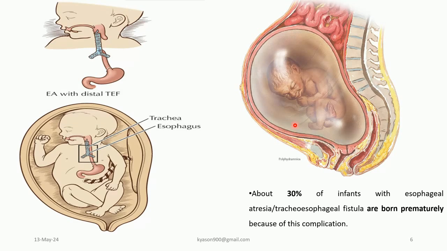Okay, can induce premature contractions, and this baby may be born before the end of the gestation period. So this is the outcome of this complication that is going to be coming in as a result of this abnormality.